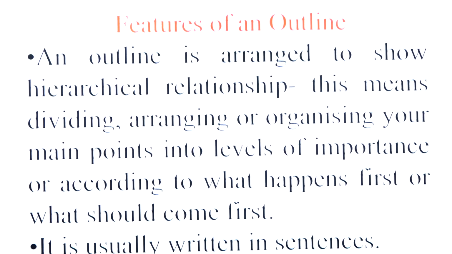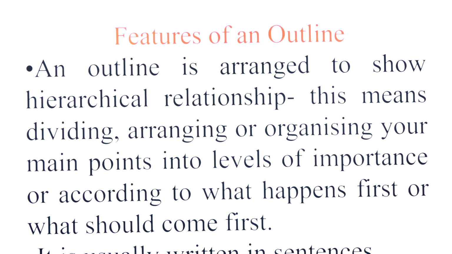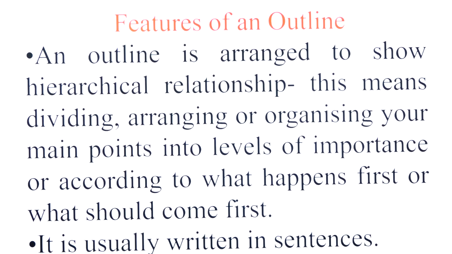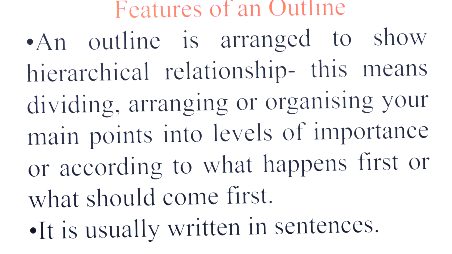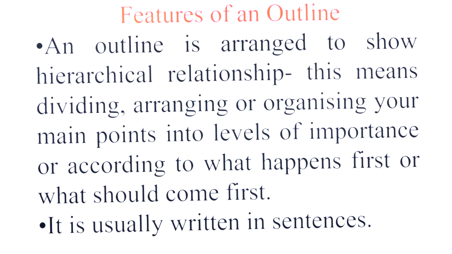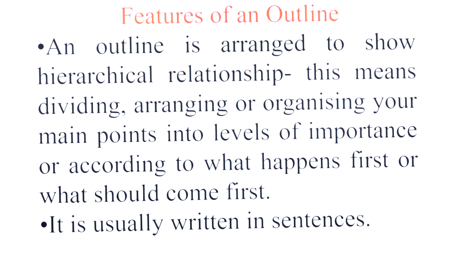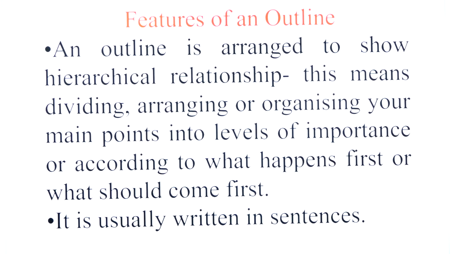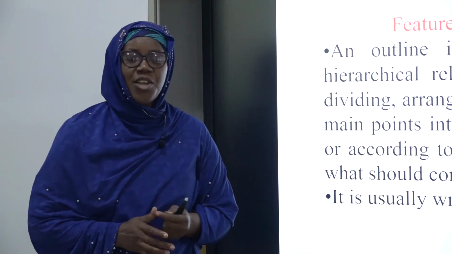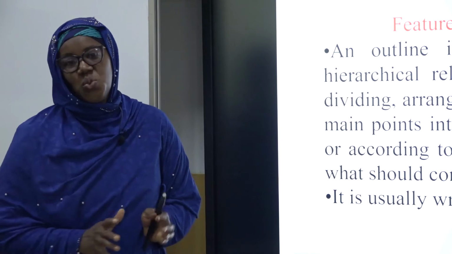Features of an outline. An outline is arranged to show hierarchical relationship. This means dividing, arranging, or organizing your main points into levels of importance, or according to what happens first or what should come first. If you are writing about my school, for instance, you don't start from the location of your school.